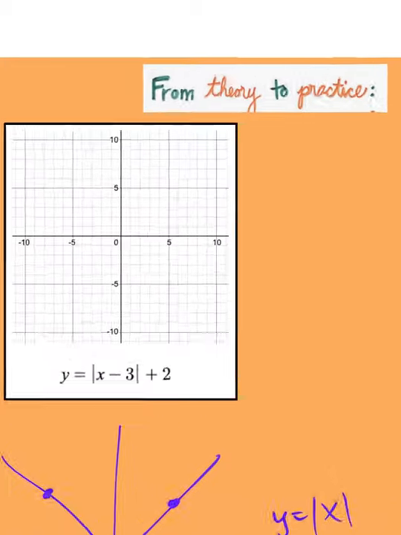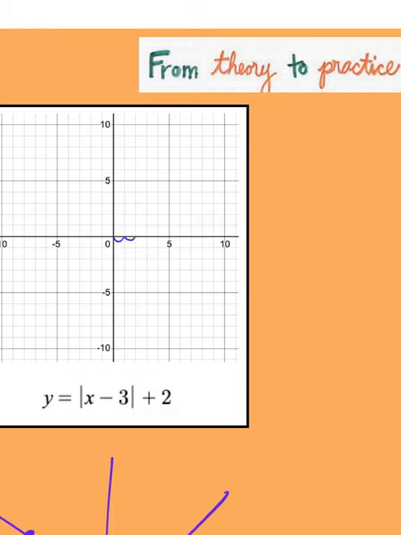So we're going 1, 2, 3, but then we've got a +2, so we're also going up 2 units. So right here would represent the bottom of our V. So what originally would look like this going out is now going to look like this going out. So for instance, this is the point 3, 2.